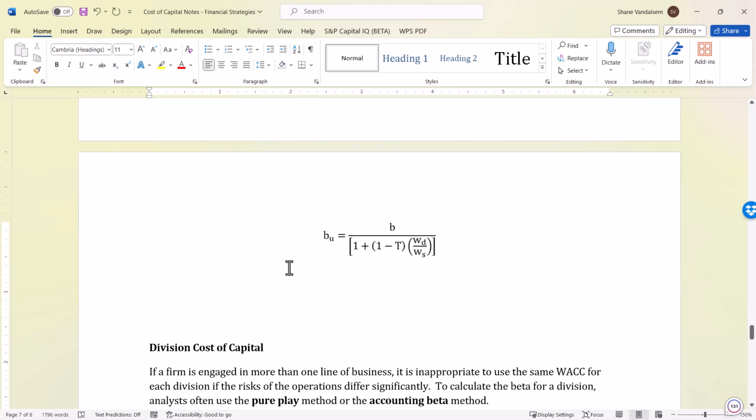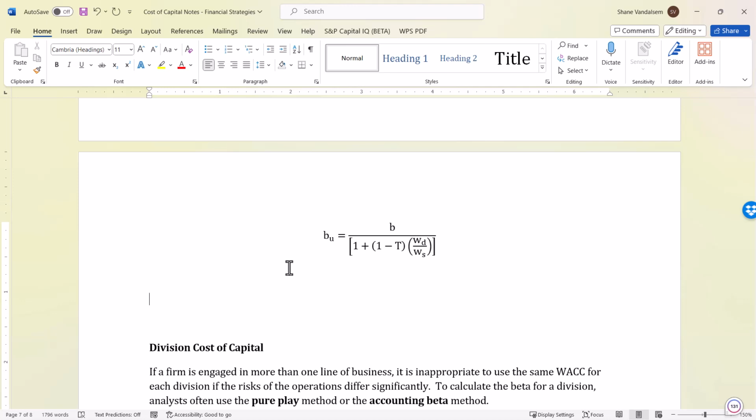For the weight of debt and the weight of equity, we can actually also just use the values of debt and the market value of equity, and we'll get the same value for that ratio whenever we do that. So we're going to actually work through a couple of examples of this.